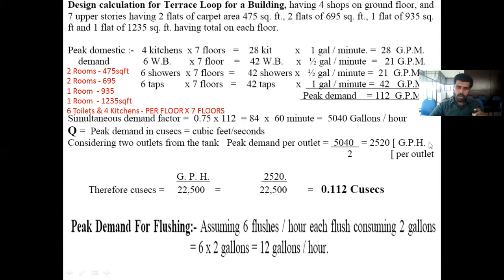Therefore, in order to find the value in cubic feet per second, you divide the gallons per hour by the constant 22,500, and you will get the answer in cubic feet per second. This much water is being demanded from one outlet.